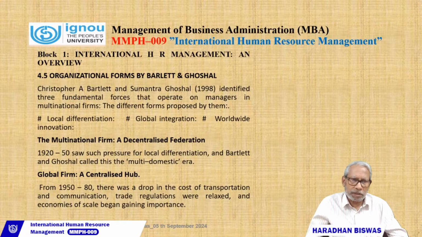So transportation and communications. Trade regulations were also relaxed. Earlier, trade regulations were very tight, with a lot of compliance. Now it has been reduced and relaxed. So the economies of scale began gaining importance. This is another era, 1950 to 80, where you can see the center. That's why it is a centralized hub.